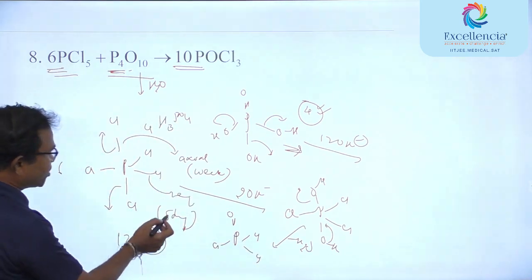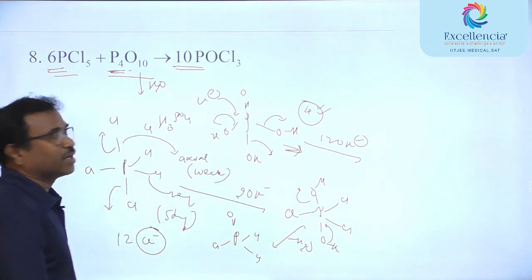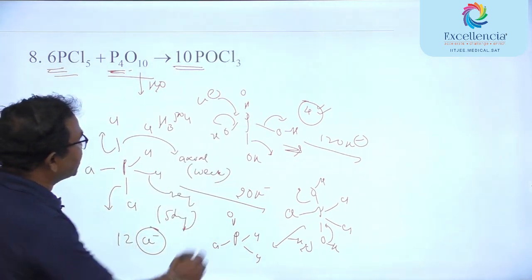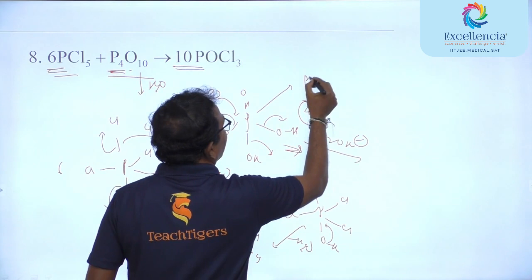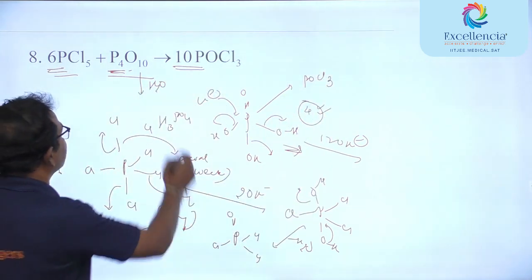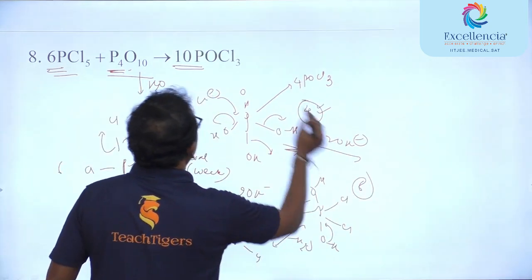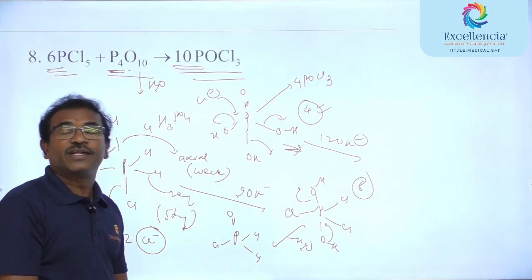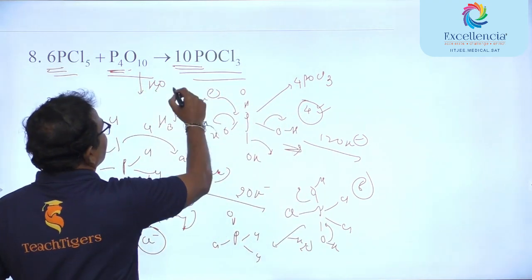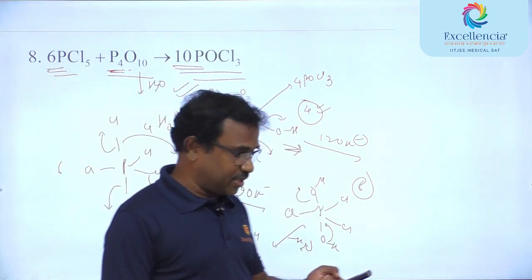Similarly, the chlorides which are released from here are going to attack, and each phosphoric acid also will convert on the same lines to POCl3. So from this we get 4, from this we get 6. So overall 10 POCl3, guys. That is a simple mechanism by which we can understand how 10 moles of phosphorus oxytrichloride is formed, right?